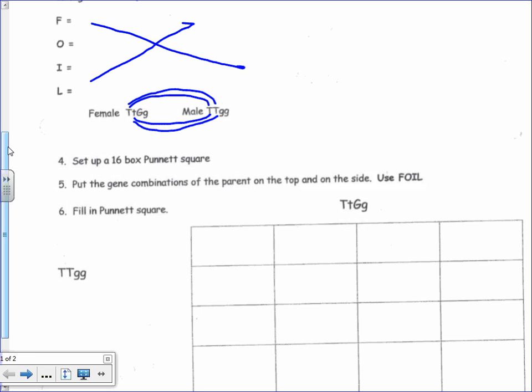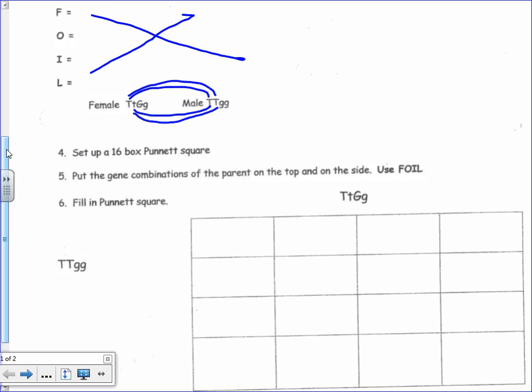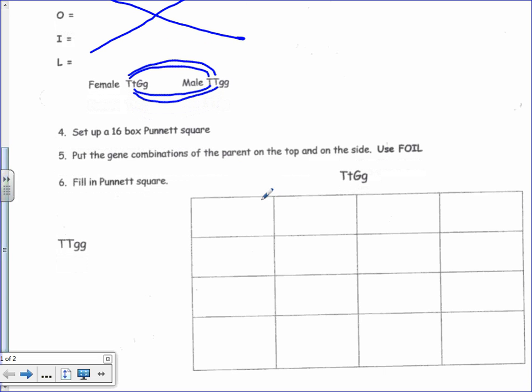So when we're setting up our Punnett square, across the top here, we're going to put the different combinations that the tall trait can assort.